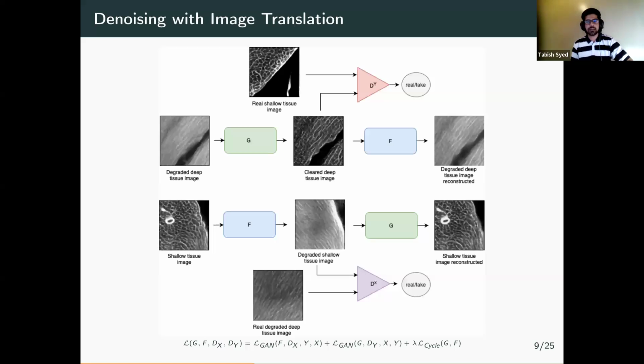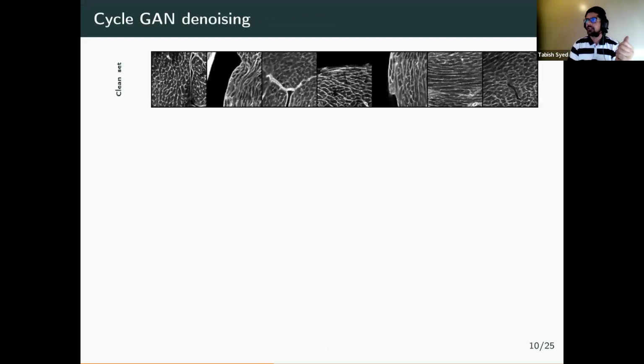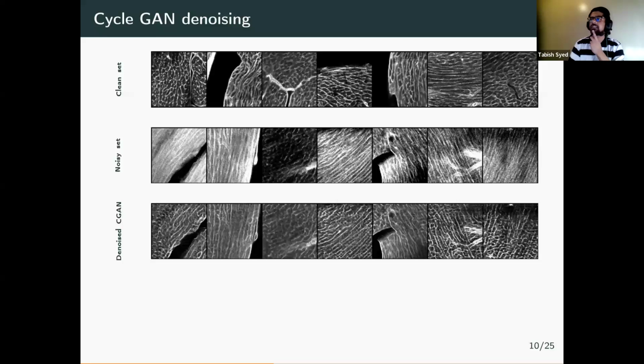We pose this as a simple image-to-image translation where one domain is noisy images, another domain is clean images, and we want to transfer one to the other. Okay, we do that. We use the clean set to train, and then the noisy set.